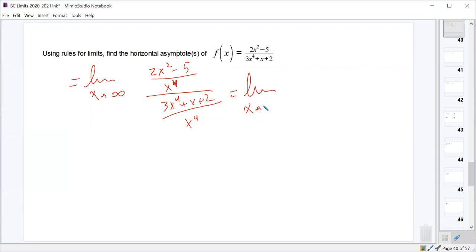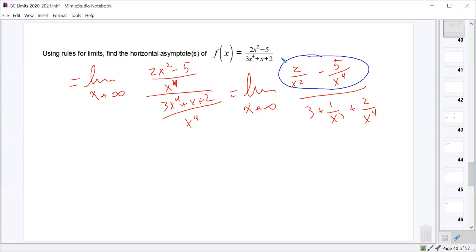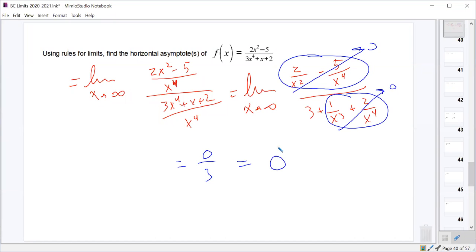Which ought to give us a limit as x approaches infinity of 2 over x squared minus 5 over x to the 4th over 3 plus 1 over x cubed plus 2 over x to the 4th. And as x goes to infinity, everything in this numerator begins to approach 0, and everything but the 3 in the denominator begins to approach 0. So we're just left with 0 over 3 or 0.